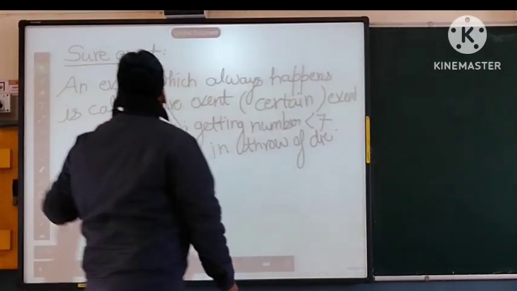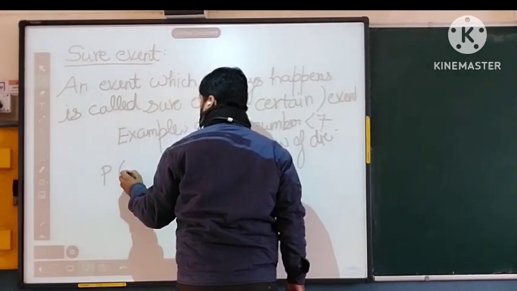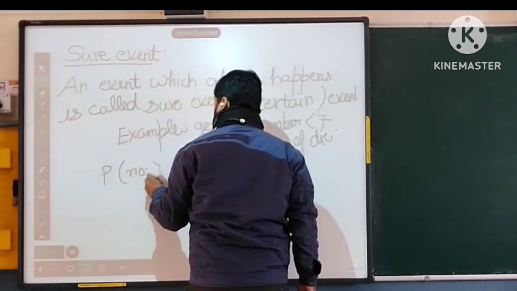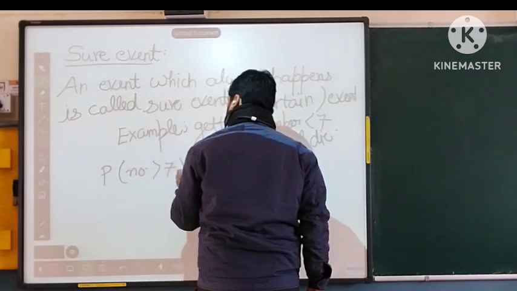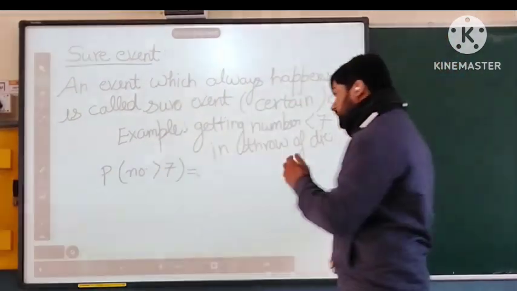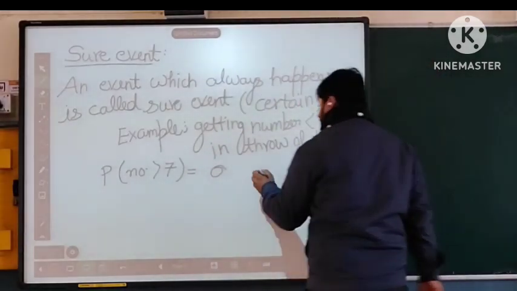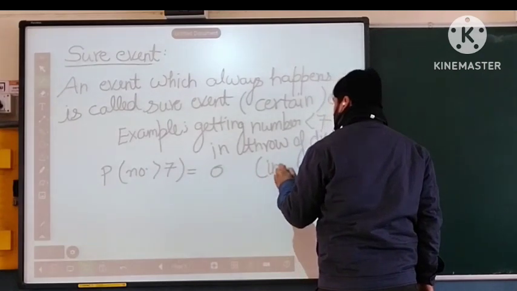If I would say, find the probability of a number more than 7, what will it be? It will be 0. That means getting this is an impossible event.